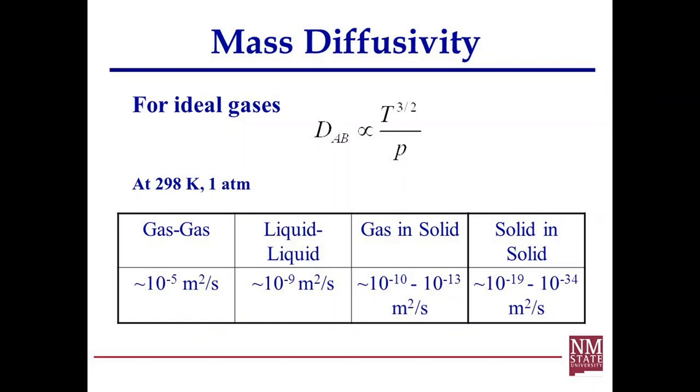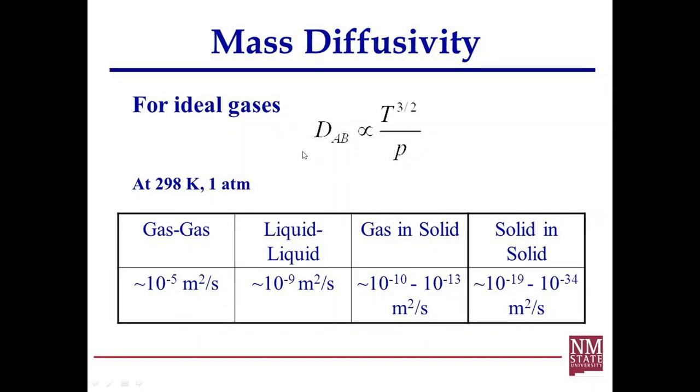Diffusivity will be low, because pushing other molecules aside to move one molecule is difficult when the molecules are very close. So if you increase the pressure, diffusivity will decrease. If you increase the temperature, the velocity of the molecules will increase, and therefore the diffusivity will increase. And this is the generic relation for gas phase diffusivity.